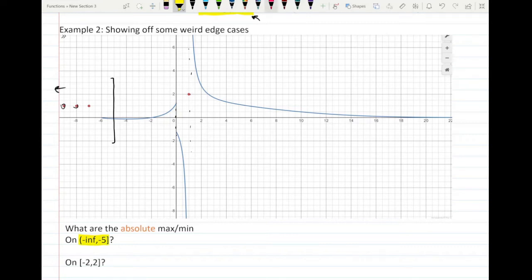From -infinity to -5, the highest points around on the function are these isolated points here, right? They're all the same height, so all of them are maximum points. And they have horizontal distances of -9, -8, and -7 respectively, and their heights are all 1. So we're going to write those 3 points as -9, 1, -8, 1, and -7, 1.